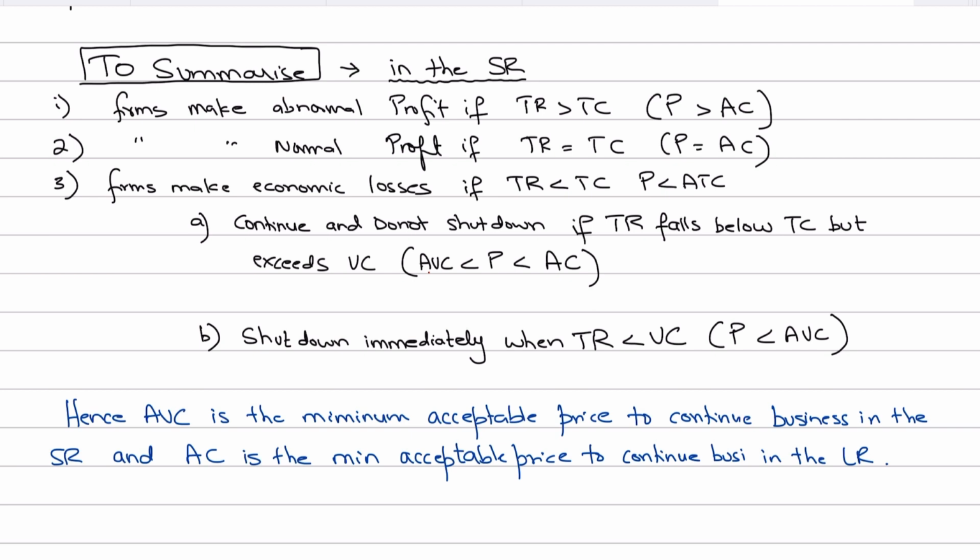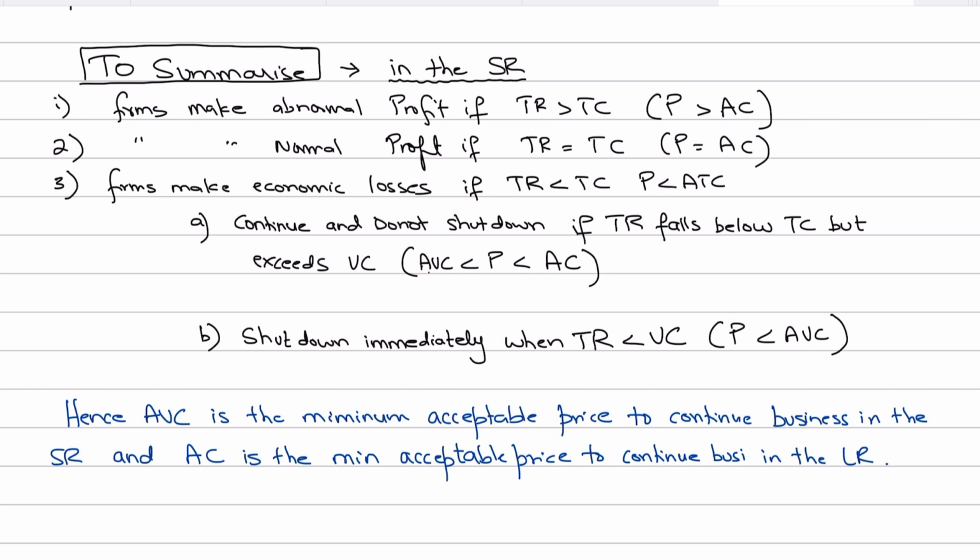Price is less than average cost per unit, which includes your fixed cost as well. It means that your price is less than your per unit cost that is being incurred, right? So it's not covering your total per unit cost, but at least it's covering your per unit variable cost.